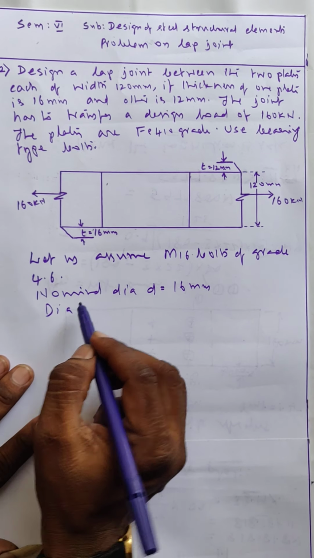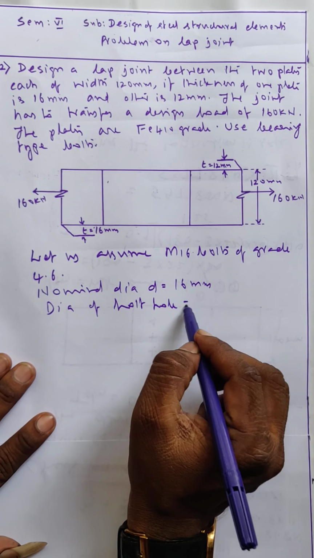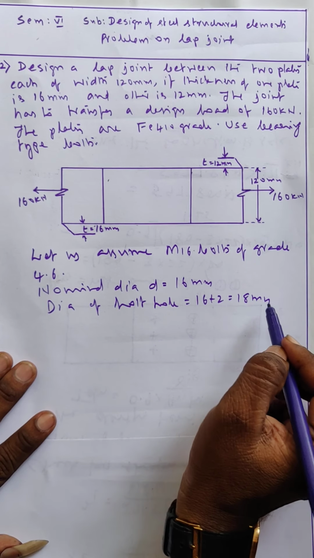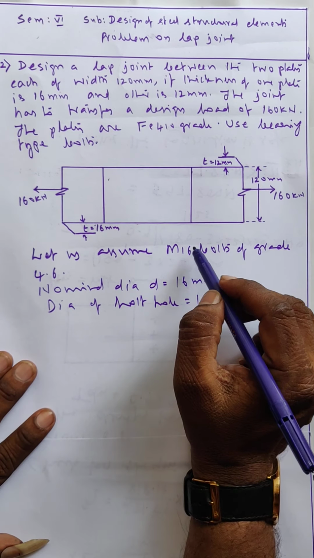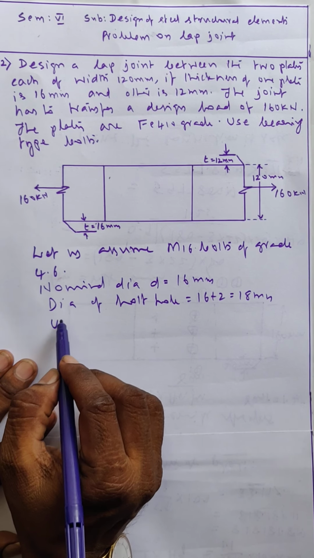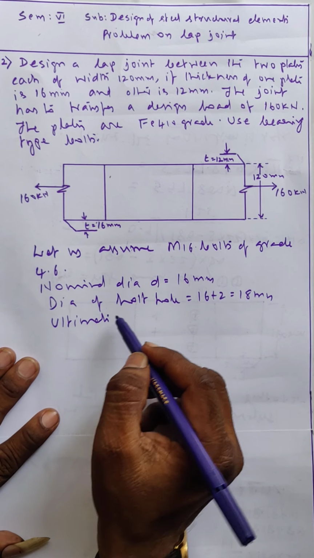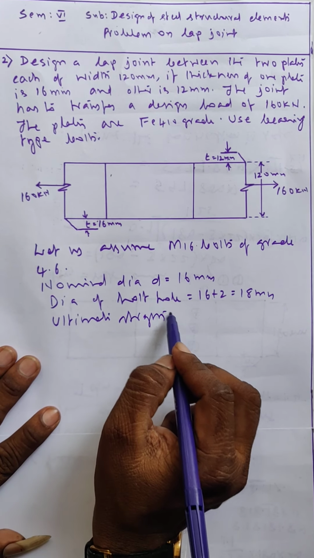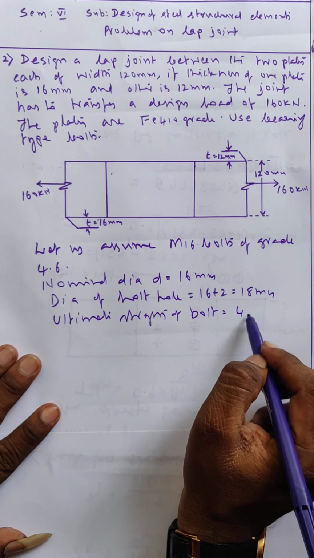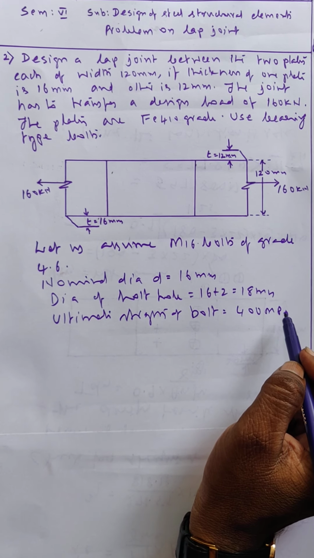Therefore, the diameter of the bolt hole, for 16 mm we have to add 2 mm, is 18 mm. The bolt grade is 4.6. Therefore, ultimate strength of bolt equals 400 megapascal or Newton per millimeter square.